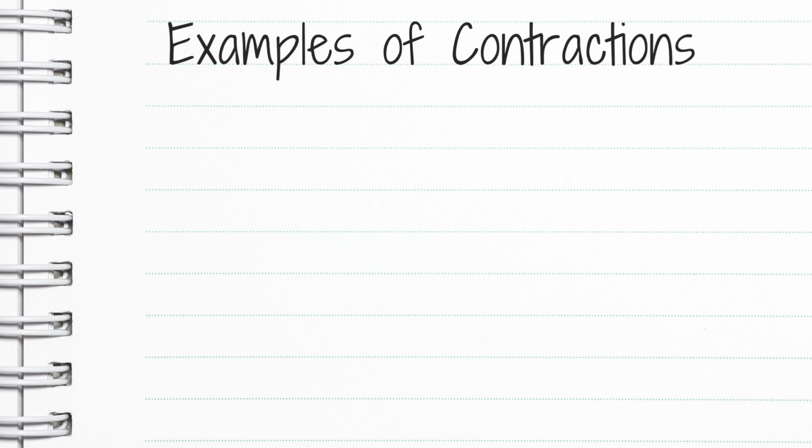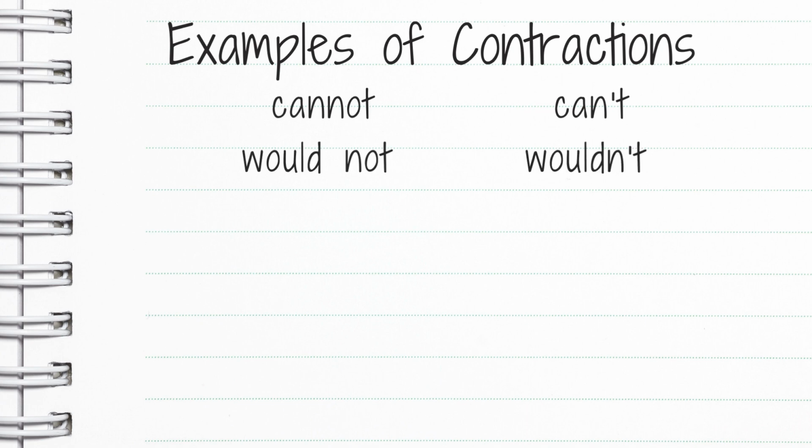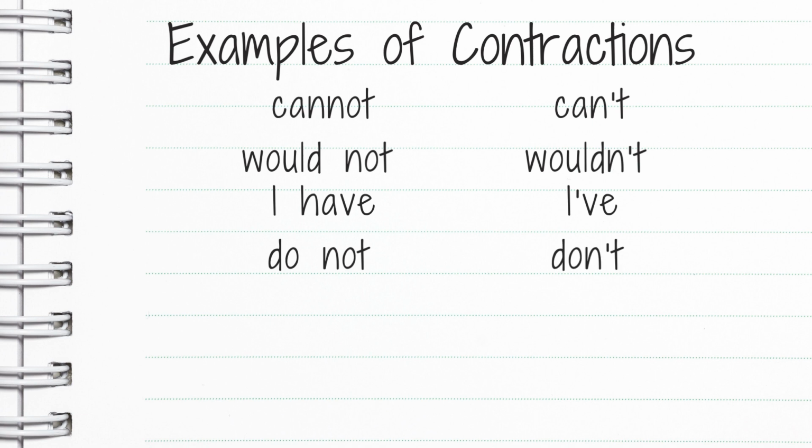Now let's have a look at some more examples. So, cannot shortens down to can't. Would not, wouldn't. I have, what do you think that would contract to? I've. Do not, what will that contract to? Don't.